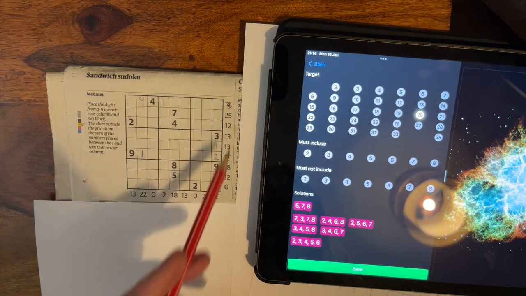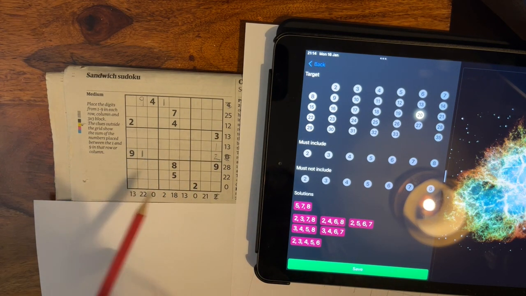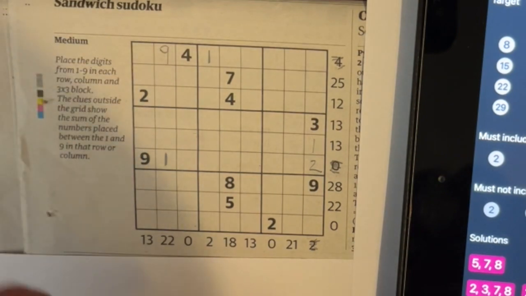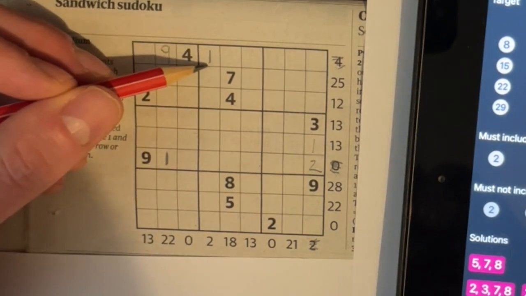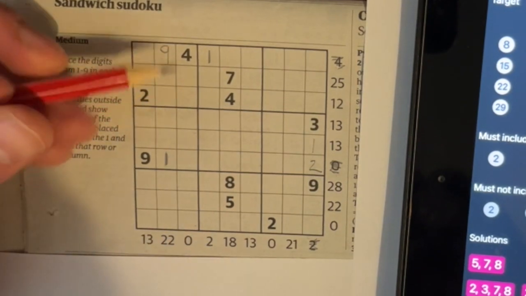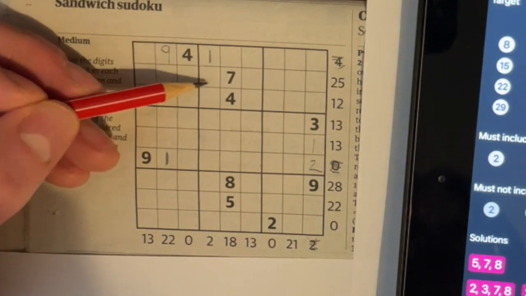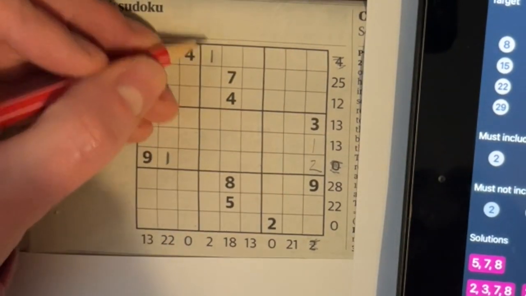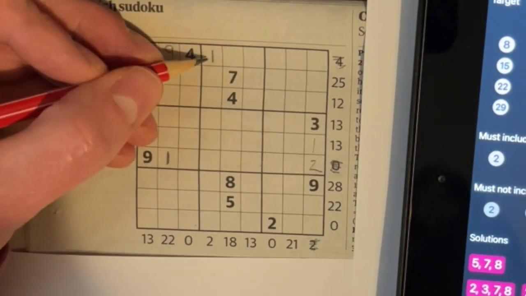Now I'm going to have a look again, and I'm going to try and solve the 1s and 9s. I can see that I've done that. I can see here we've got a 1 and we've got the clue of 2. So again, we know that 2 has to be between the 1 and the 9. There's nowhere else because it's on the edge.